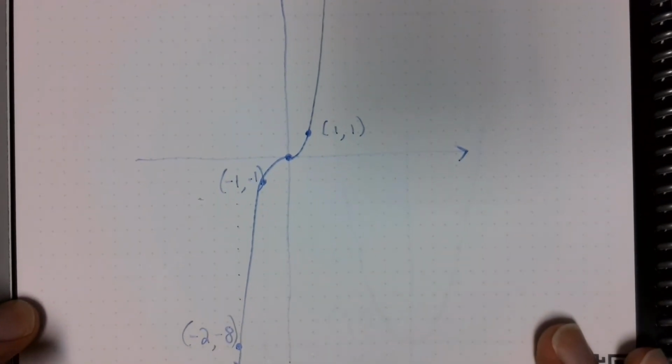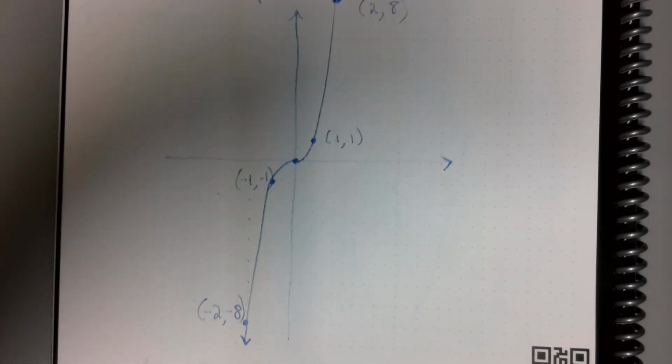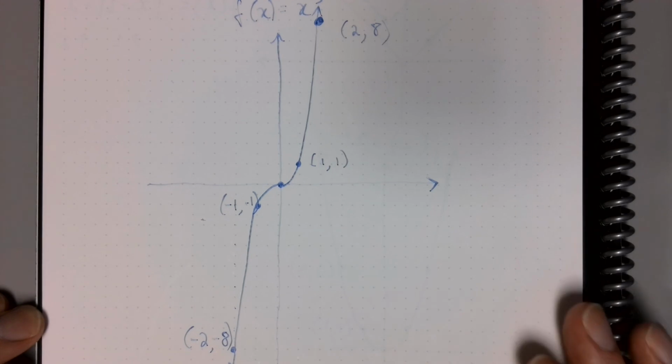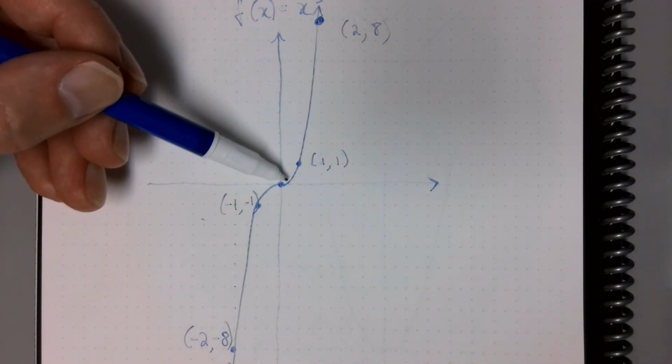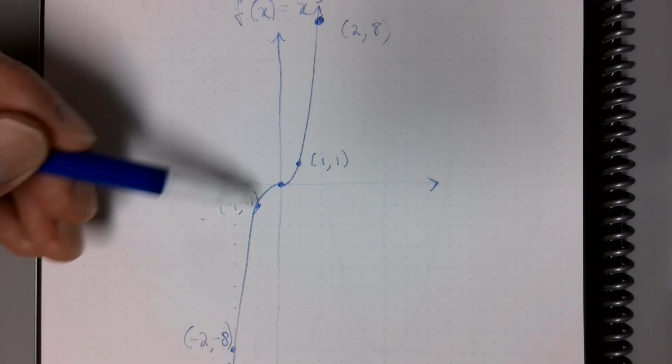So 2, comma -8 way down there. I might need to zoom out a little bit so we get the whole picture on camera here. Okay, so the graph of x cubed, you got this shape here. Up as you go to the right, but over here, we got this behavior.